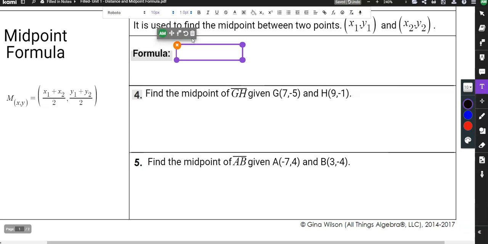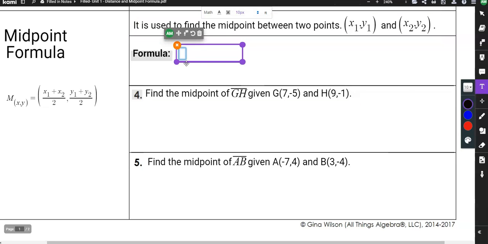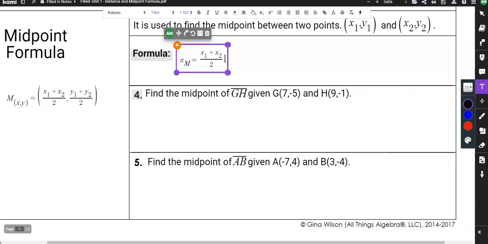However, again, I prefer to break it into 2 pieces because it's easier to find an endpoint if you have the broken up formula. So the x value of the midpoint is going to be equal to, and I always put the fraction bar in first, x1 plus x2 divided by 2.